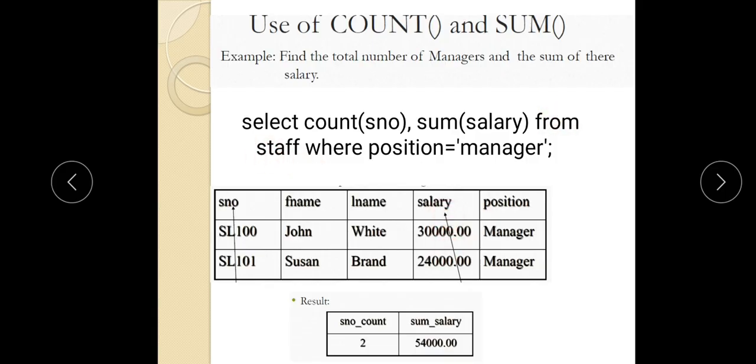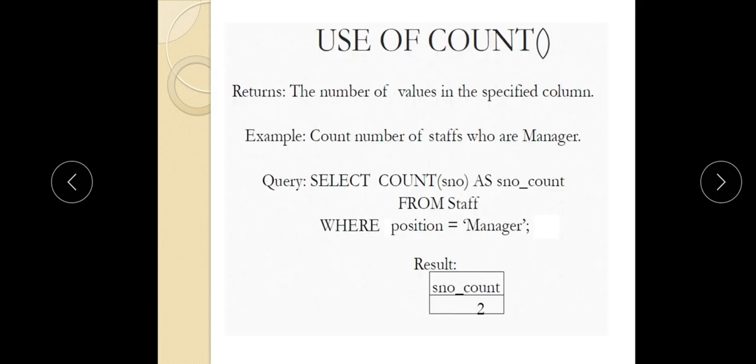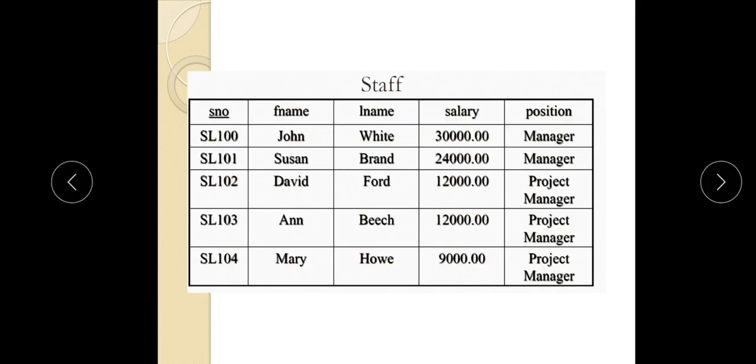Where position equal to manager. If you are just writing select count of S number comma sum of salary from staff, what will be the output? It will take the count of the entire serial number as well as the entire sum of the salary. Here the question is just to take the count of managers as well as their salary.